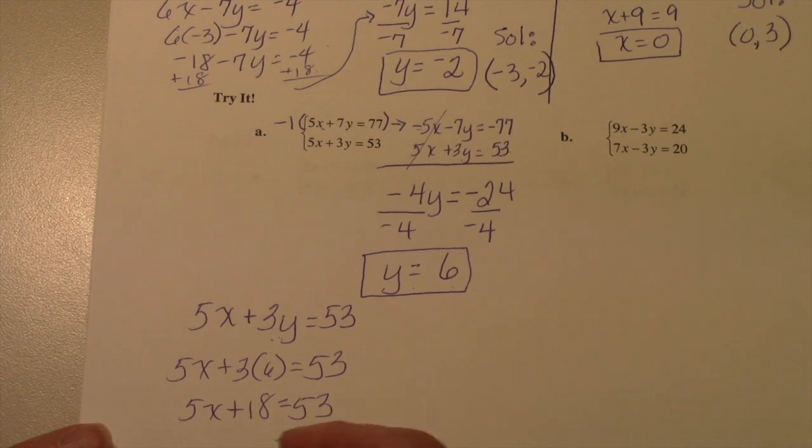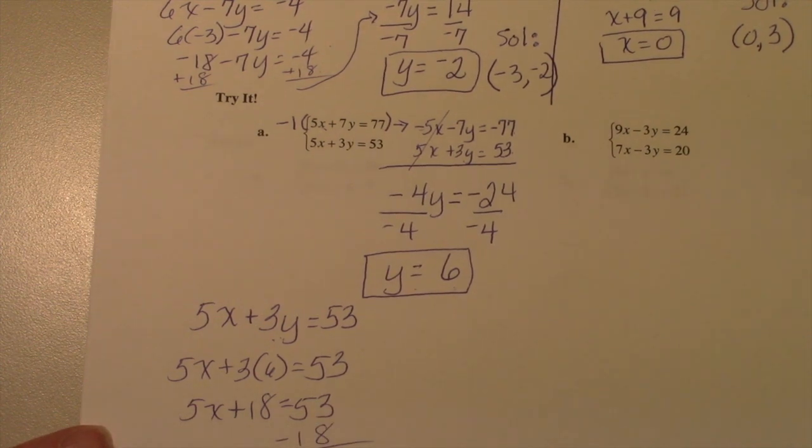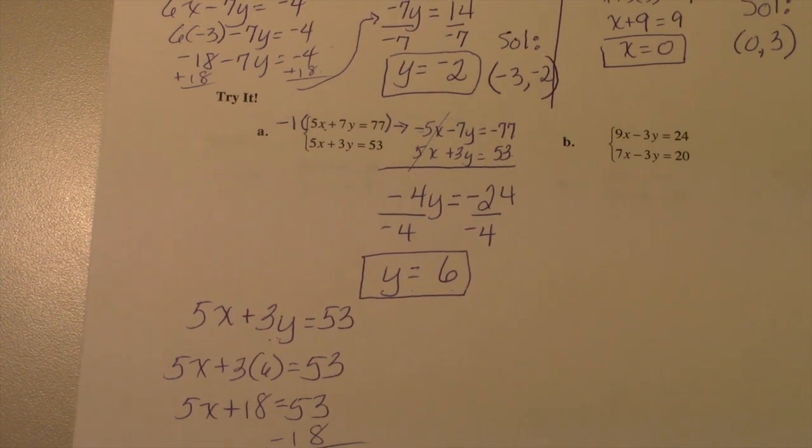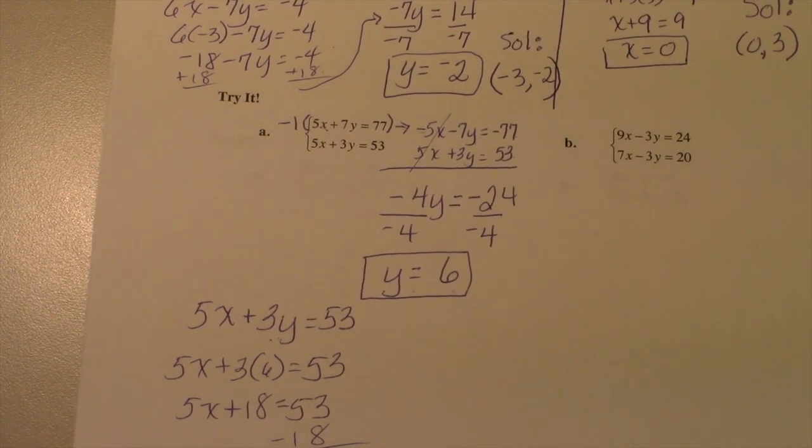Got to minus that 18, so I get 5x equals, what's 53 minus 18? I'm cheating, I'm using a calculator right now. It's 35. Divide by 5, divide by 5, so x equals 7.